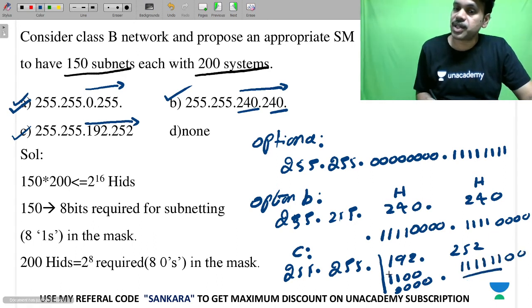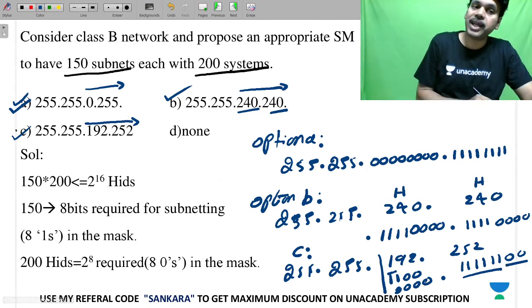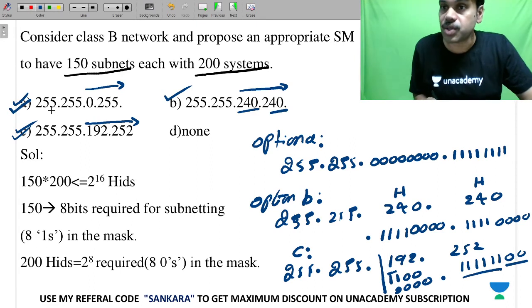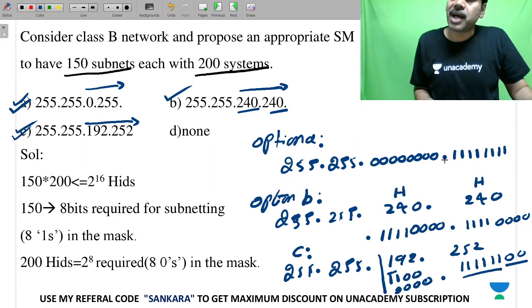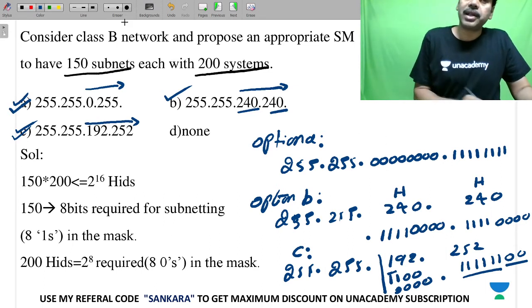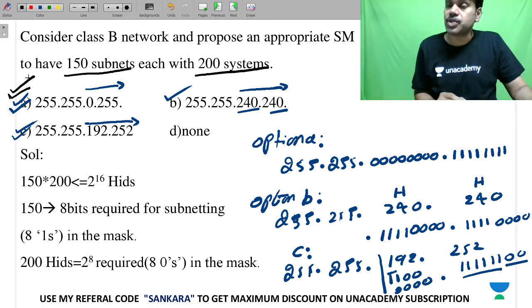So 2 ones and 6 ones, 8 ones, and 2 zeros and 6 zeros. Therefore 8 zeros and 8 ones. This is also eligible. All are appropriate subnet masks according to your design, but the preferable one is only option A, because we require uniform consecutive ones and consecutive zeros.